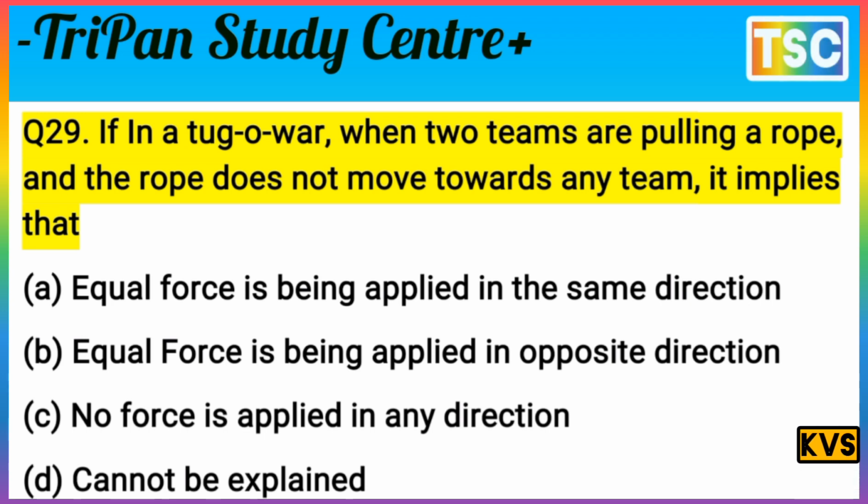Two teams participate in this game. They're pulling the rope, but the rope does not move toward any team. It implies that: A, equal forces being applied in the same direction. B, equal forces being applied in the opposite direction. C, no force applied in the direction. D, cannot be explained.